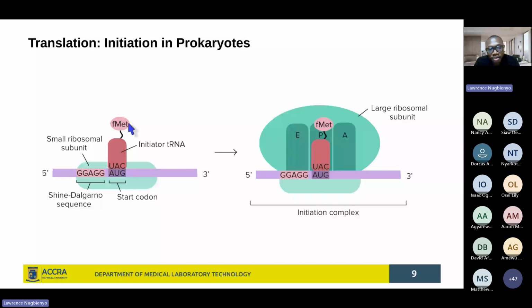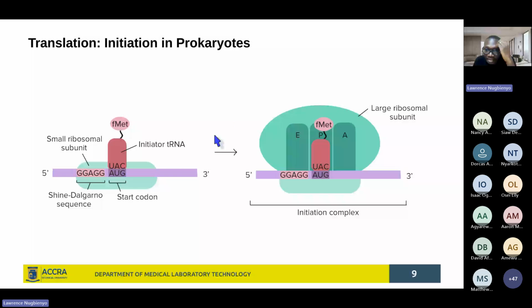So there is a derivative of methionine as the start amino acid. The start codon is the same, but the amino acid there is a derivative of methionine. There is some formyl group that is attached on that methionine. So that's a major difference that you'll find in prokaryotes.